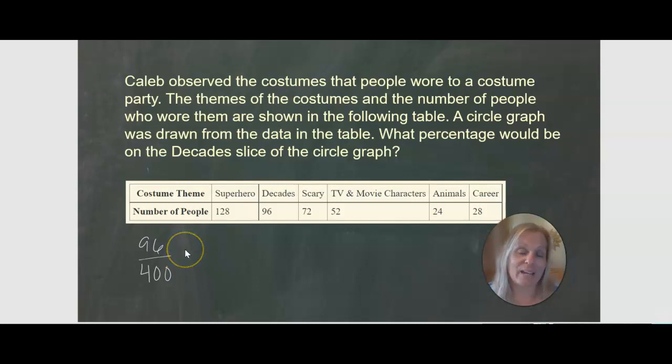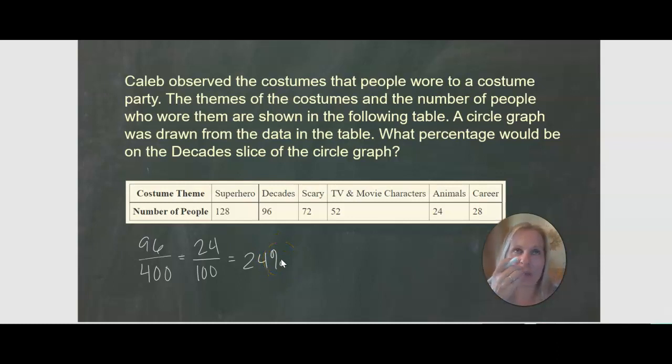Now, my natural inclination is to write this over 100 because I know that these are both divisible by 4. So 96 divided by 4 is 24. So 24 over 100 means it's 24%.